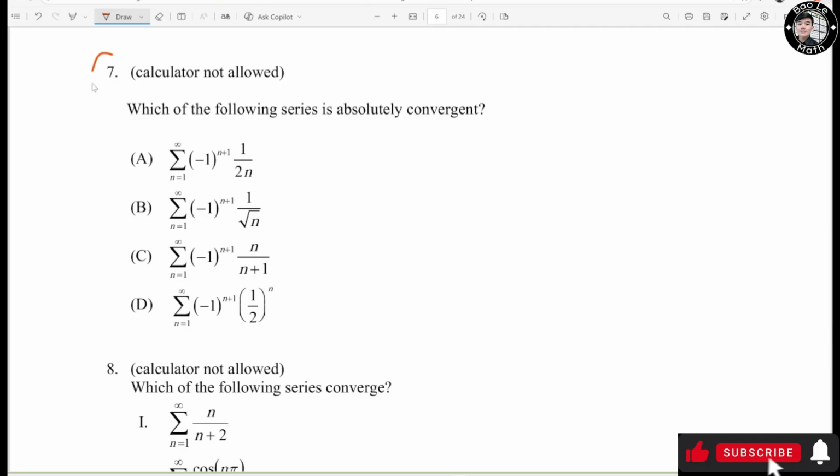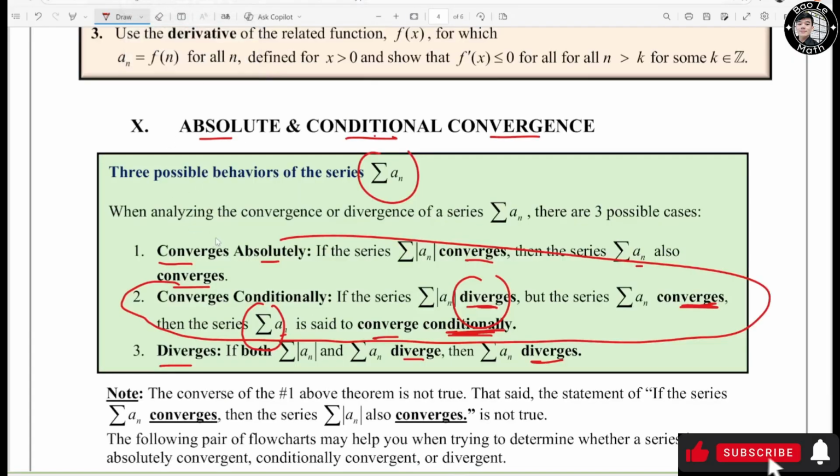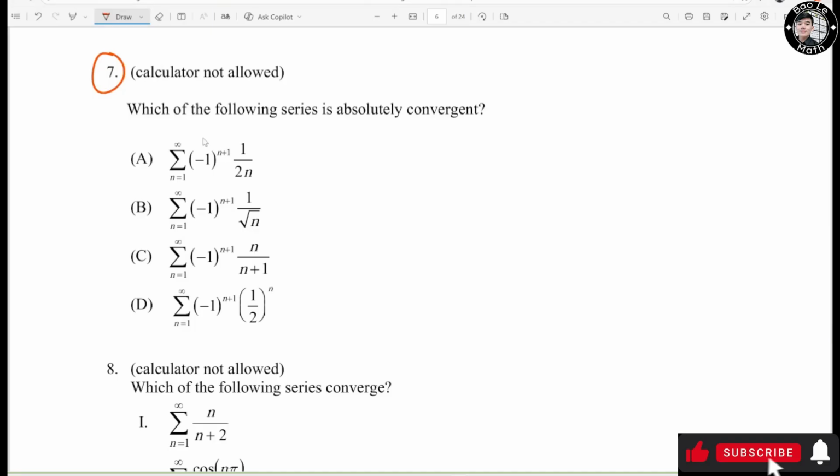Now question 7. Which of the following series is absolutely convergent? So we're going to review this one: when the series is absolutely convergent, if the absolute value of a sub n converges, then the series a sub n also converges. Now we're going to let this guy right here be a sub n, and if we take the absolute value of a sub n, it becomes 1 over 2n.